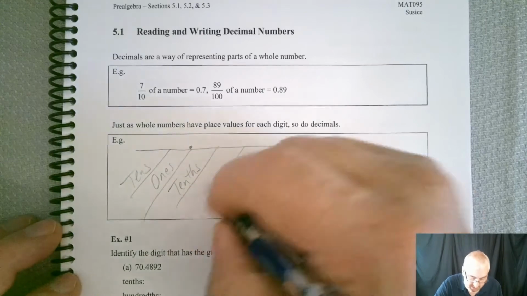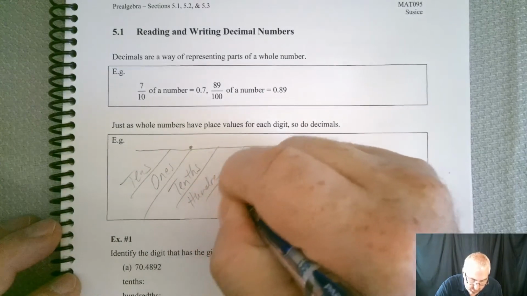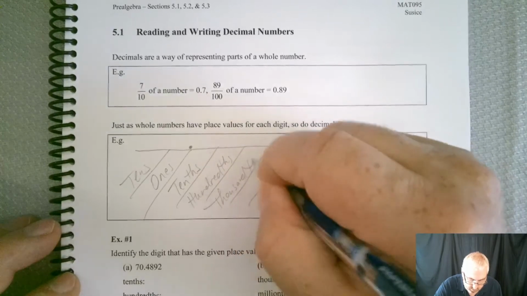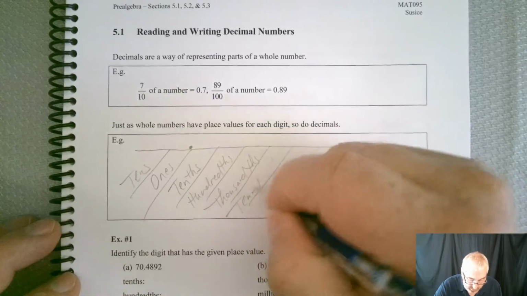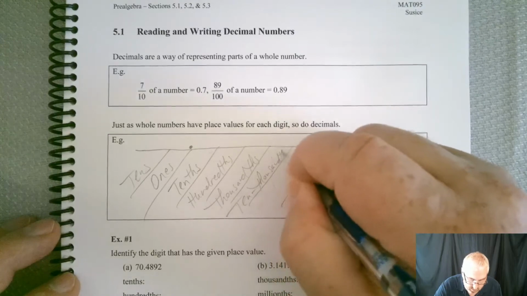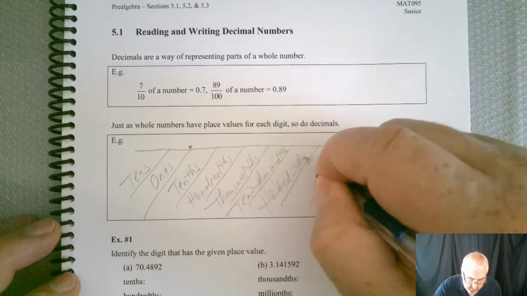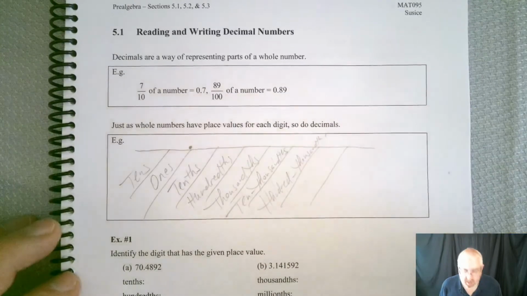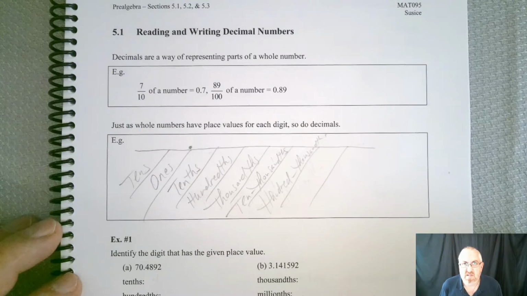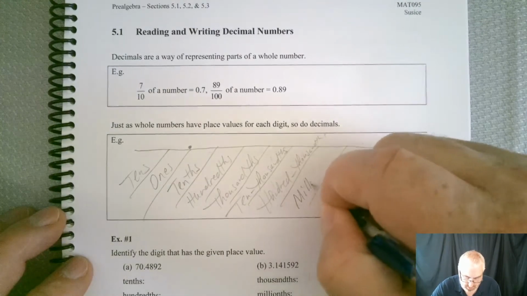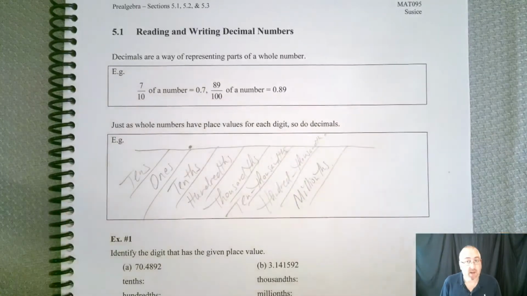So the next one after the tenths should be the hundredths, and then the thousandths, and then the ten-thousandths, and the hundred-thousandths, and then what's after the hundred-thousandths? Yeah, millionths. So again, don't forget that THS. That's important just to differentiate it from what's on the left side of the decimal point.